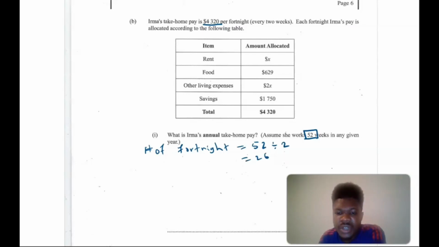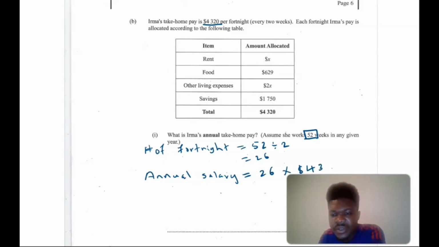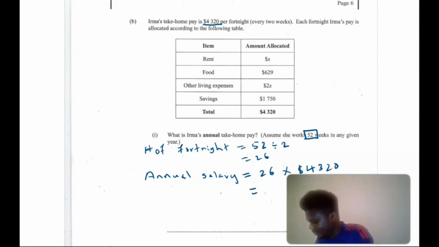So now our annual take-home pay, let's say salary, is going to equal 26 times the amount she gets per fortnight, which is 4,320. Enter into our calculator: 26 times 4,320 gives 112,320.